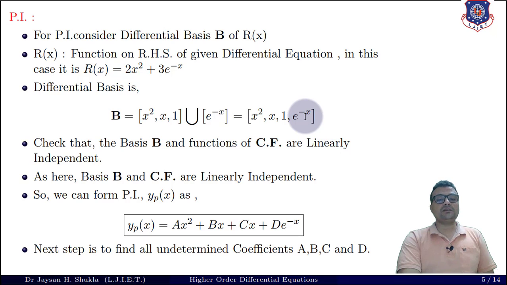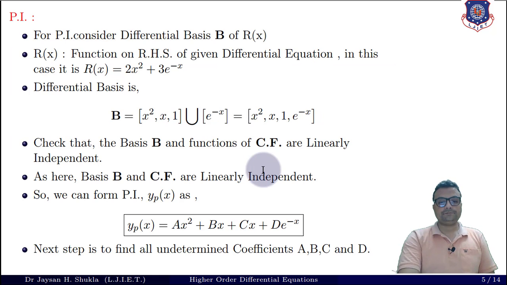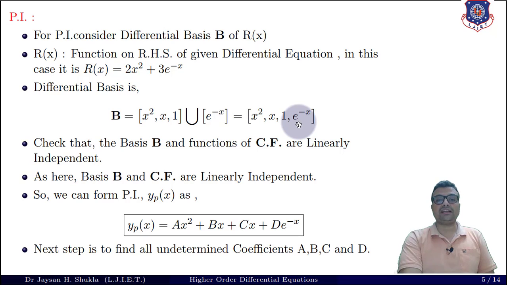Now this is the basis of R(x). Let us check whether there is any repetition of elements of the basis with elements of the complementary function or not. Here x square, x, 1, e raised to minus x are basis elements, and the complementary function has e raised to minus x into cos root 3 x. See, e raised to minus x is there, but it is multiplied with cos and sin, so this is a different function than this e raised to minus x.